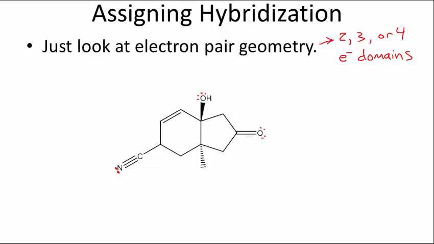It'll help you assign hybridization. I'd like you to get to a point where you don't need to draw in the hydrogen atoms, but if it helps you, you can draw in the implied hydrogen atoms. So for instance, here there'd be one implied hydrogen, here there'd be one implied hydrogen, here there'd be one implied hydrogen.